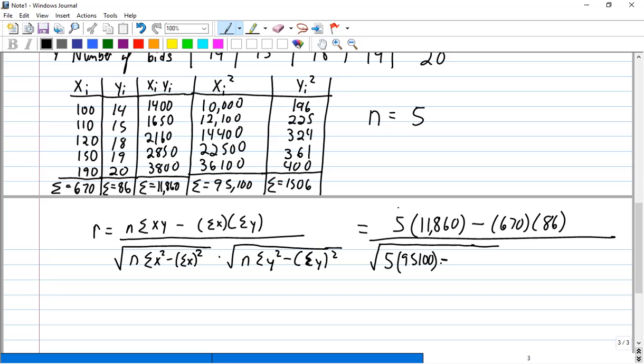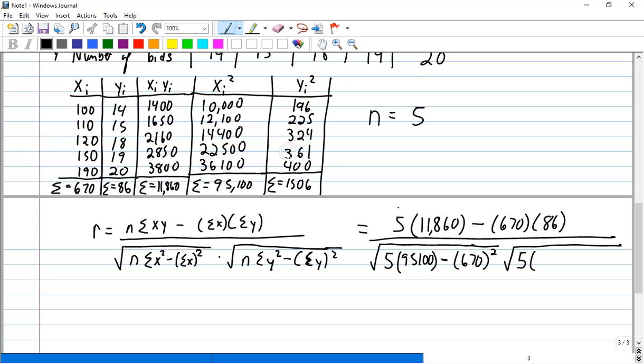Minus the sum of x, which was 670. And then you have to square that. Times the square root of n again is 5 times the sum of my y squared.